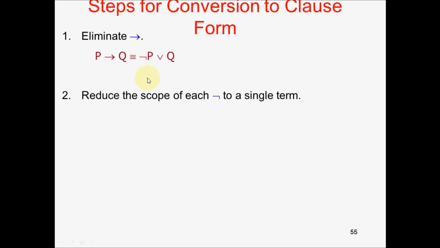Also, I have not mentioned it, but even if there are bi-implications, that also you can eliminate here itself with the formula: P if and only if Q can be written as P implies Q and Q implies P. The second step of the conversion is to reduce the scope of each negation to a single term. That means if negation is present outside a sub-expression, then that negation has to be applied to each term inside the sub-expression. So this is De Morgan's law.